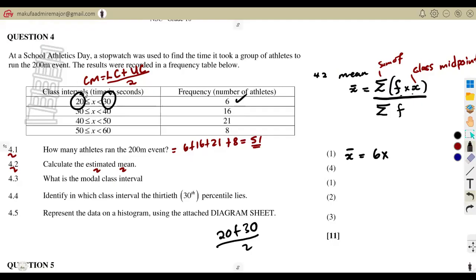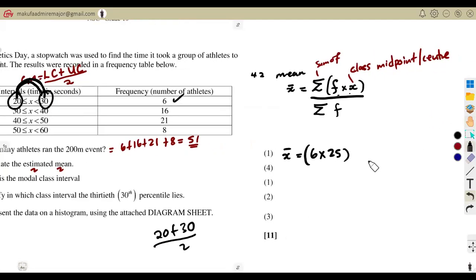The number that is found between 20 and 30, the number that is in the middle of 20 and 30. So even if you know it without calculation, you say this is 25. Between 20 and 30, the number there is what? 25. Or you can simply add 20 plus 30 over 2. That was going to be 25. So this is what you're going to do throughout. Like I said, you add. Sum of, you add.